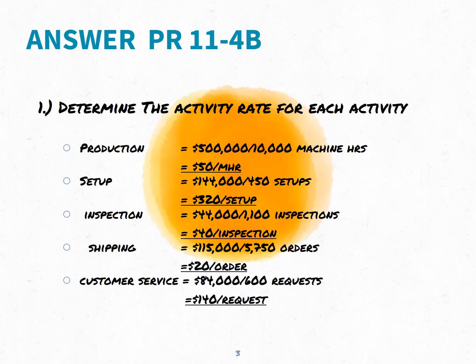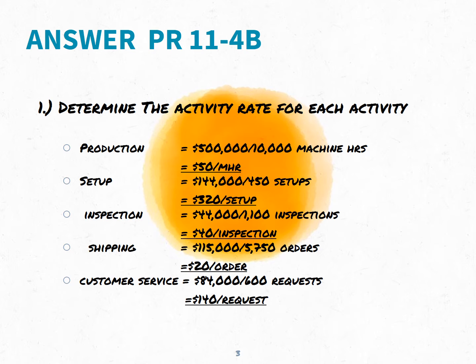To answer question number 1 for PR 11-4B, determine the activity rate for each activity. The following are the computations. For production, we have 500,000 activity cost divided by 10,000 machine hours, a total of $50 per machine hour. For setup, we have 144,000 cost divided by 450 setups, equals $320 per setup.